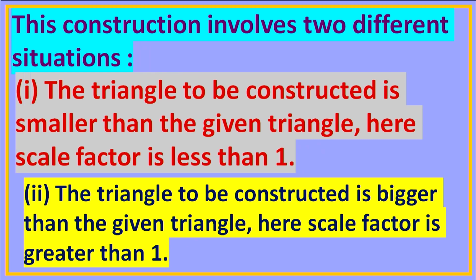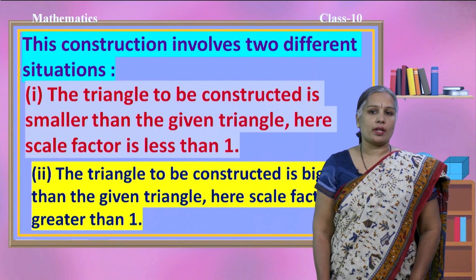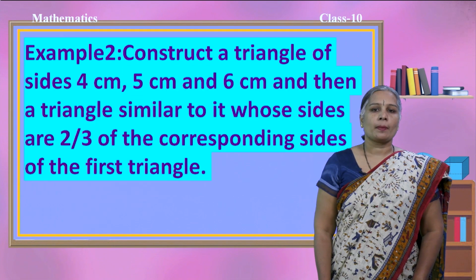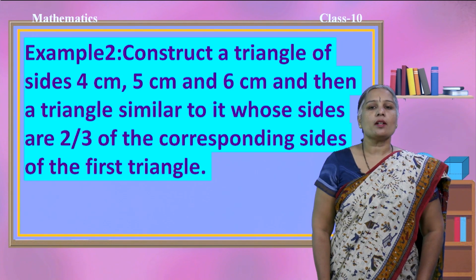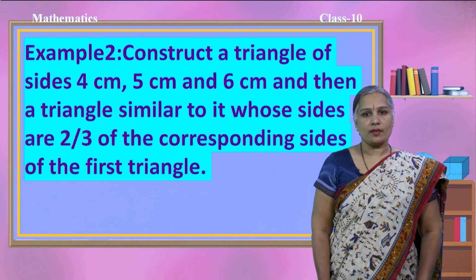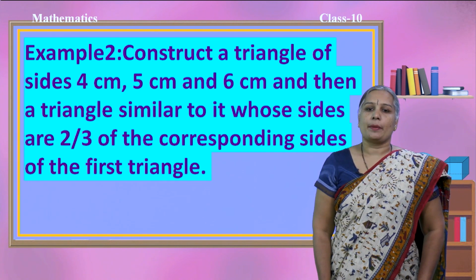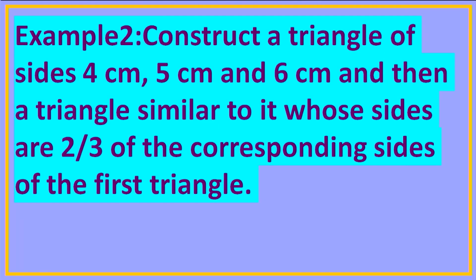We use both these cases to do our constructions. Let us see an example to understand how we construct similar triangles. Example 2. Construct a triangle of sides 4 cm, 5 cm and 6 cm, and then a triangle similar to it whose sides are 2/3 of the corresponding sides of the first triangle.